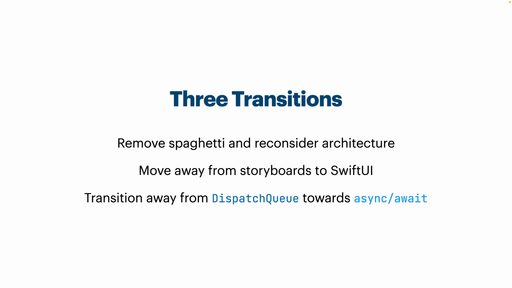You had to manually say, hey, I want to dispatch asynchronously to a different queue with this priority, and then you would put a block of code and a callback as well. So you would have escaping blocks that would contain the logic.